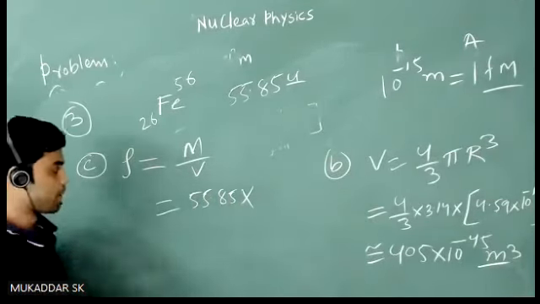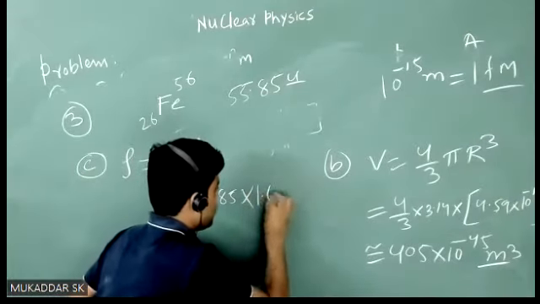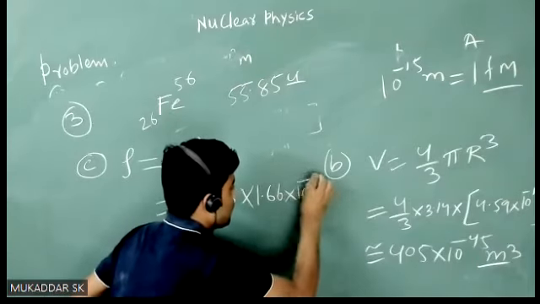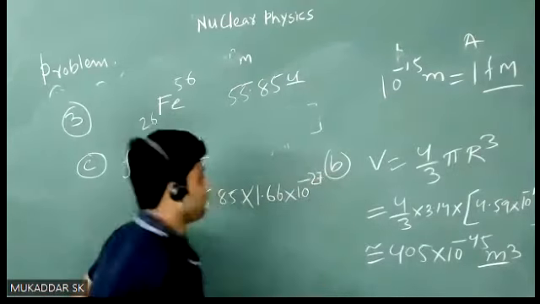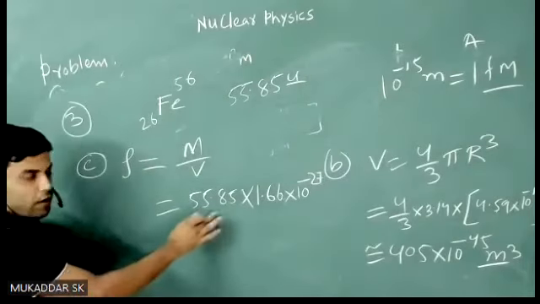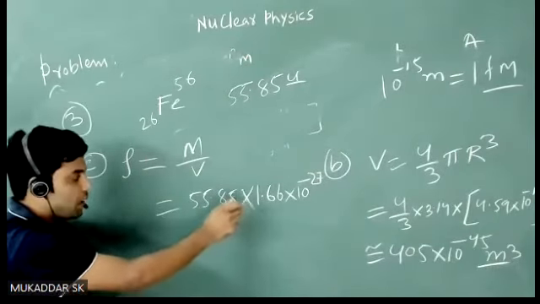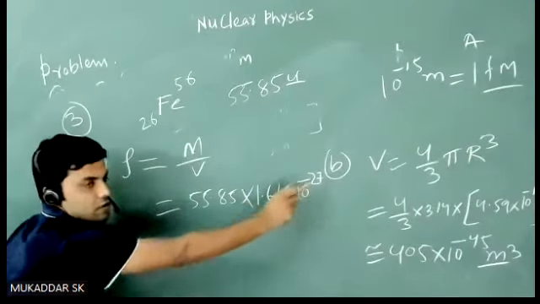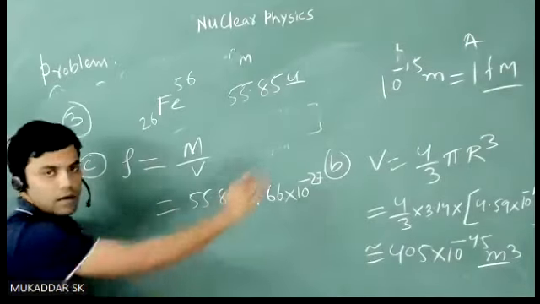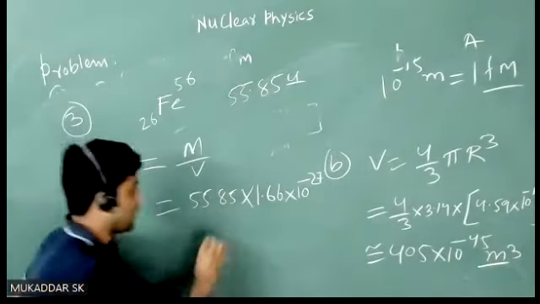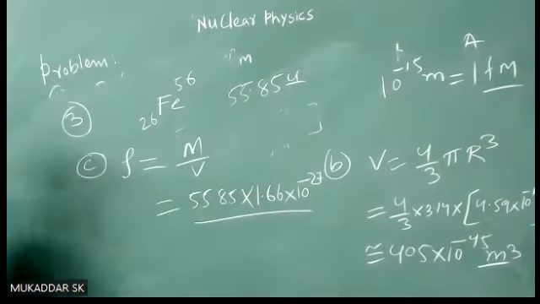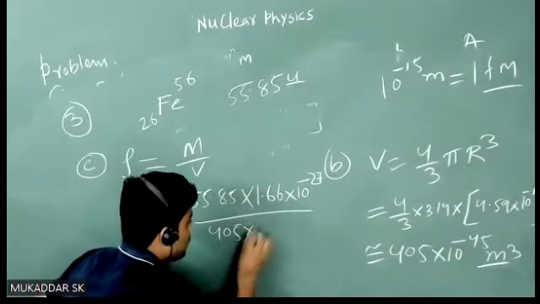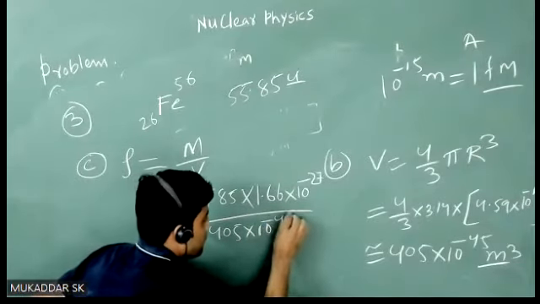Multiply by 1.67 into 10 to the power minus 27. If you multiply by this factor, it will automatically be converted into kg. So 55.85 atomic mass units multiplied by 1.66 into 10 to the power minus 27 gets converted into kg. And you already have calculated that volume, which was approximately 405 into 10 to the power minus 45.